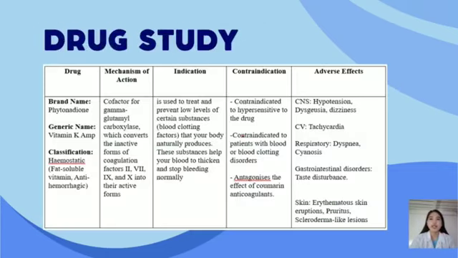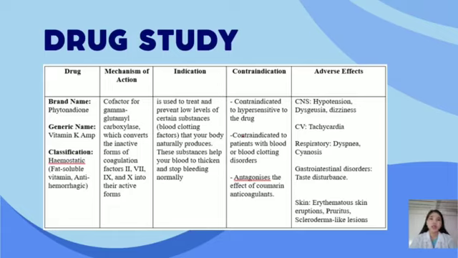Next drug is vitamin K under the classification of hemostatic. It is a fat-soluble vitamin or an anti-hemorrhagic agent. It is indicated to treat or prevent low levels of certain substances or blood clotting factors that your body naturally produces. These substances help your blood to thicken and stop bleeding normally, since the patient is bleeding.